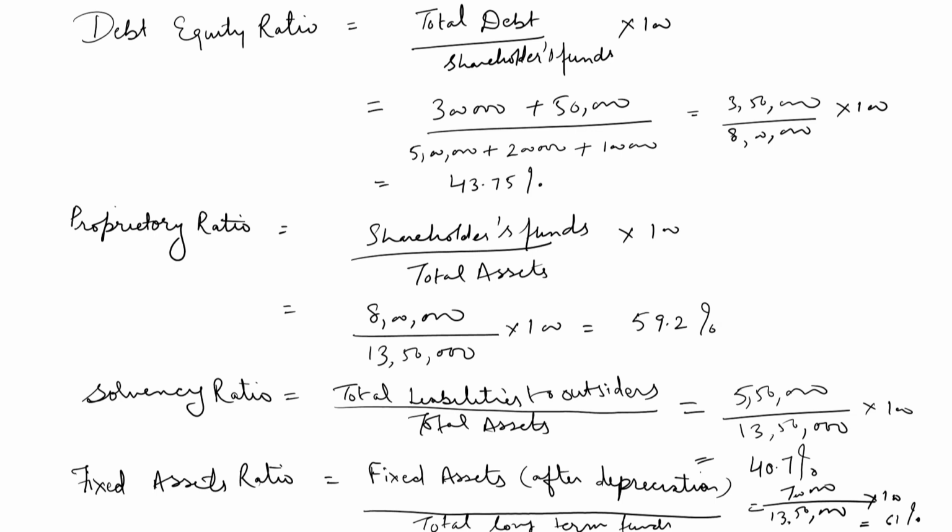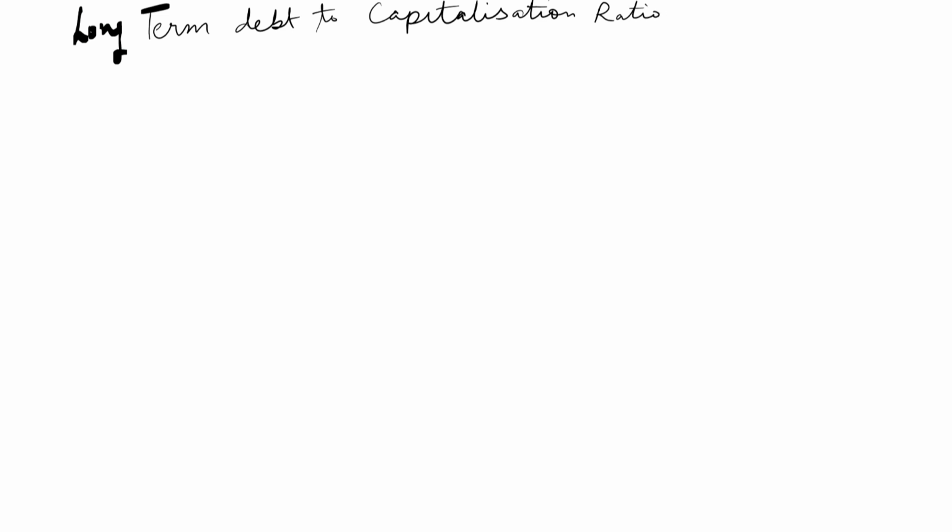Moving to the next part, we have to discuss long term debt to capitalization ratio. The formula of the same will be long term liabilities upon total capitalization.